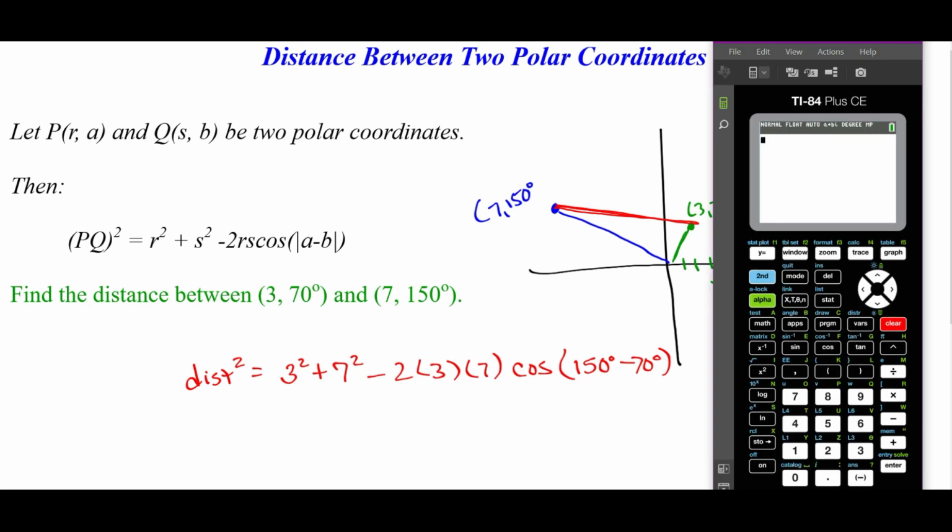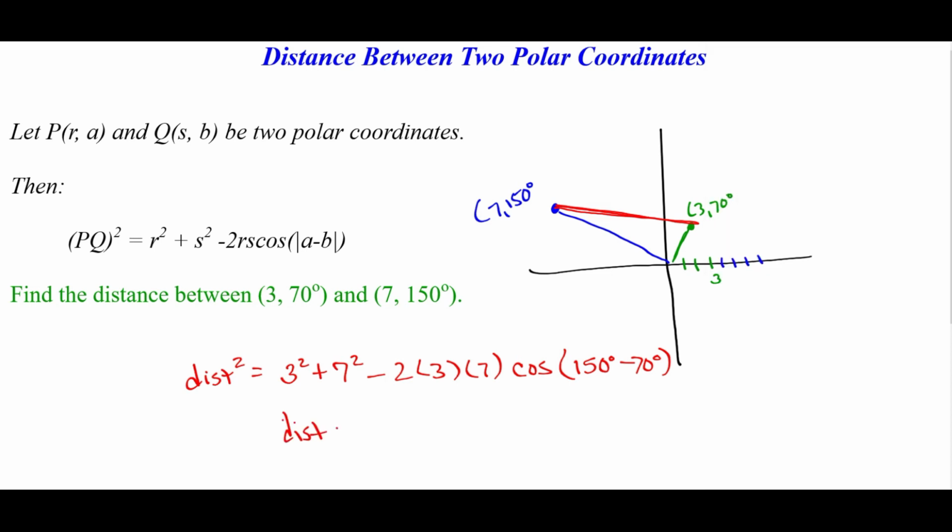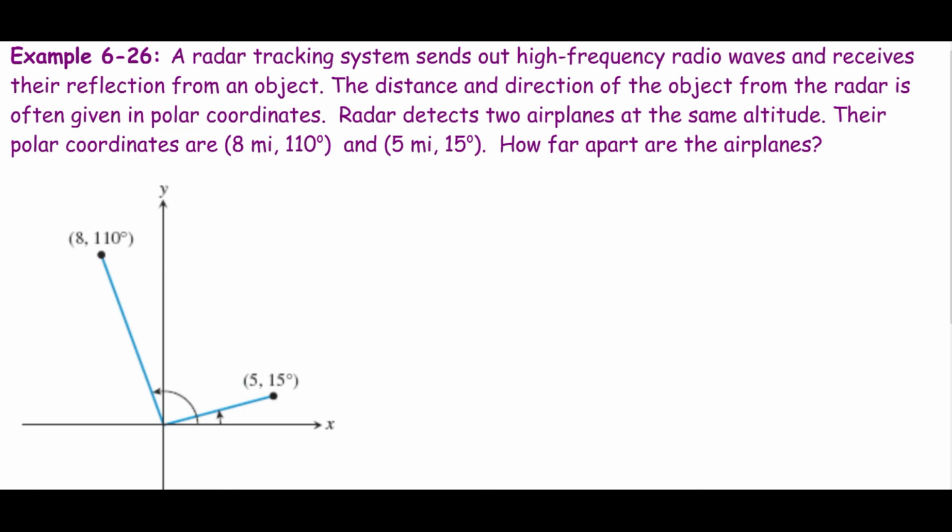Again, check that you're in the right mode. My angles were given in degrees, so I want to be in degree mode, and then we can just put that in. So I'm going to type in the formula, and then remember that's my distance squared, so I have to take the square root of it to get the actual distance, and we come up with our distance is about 7.12.